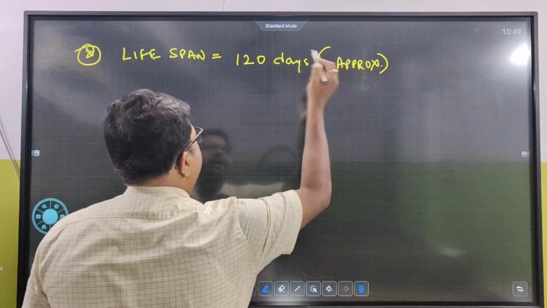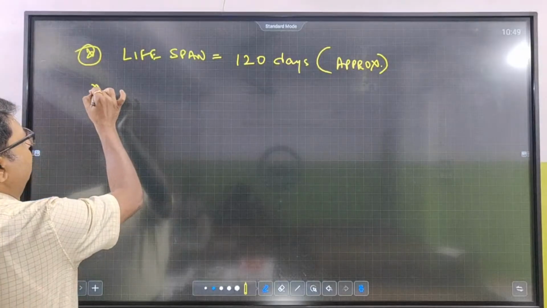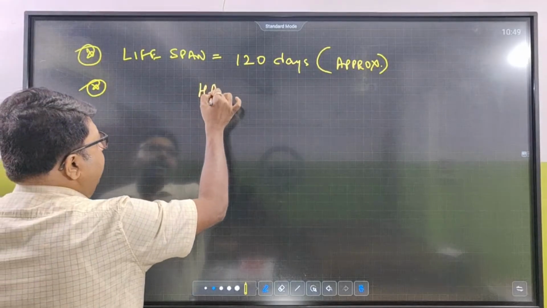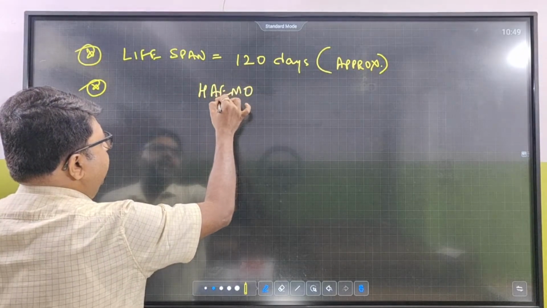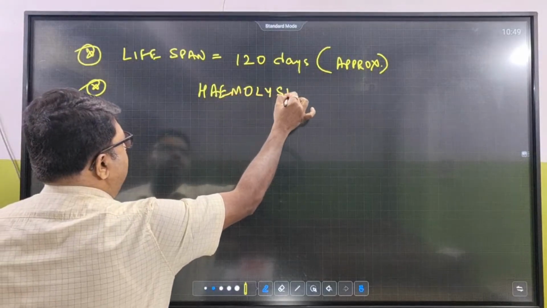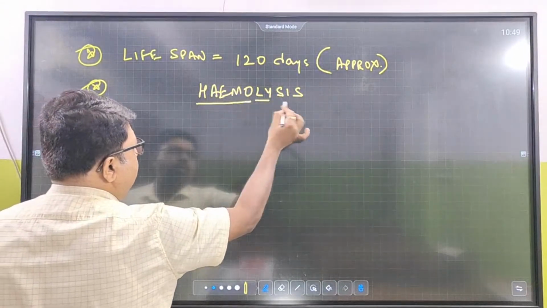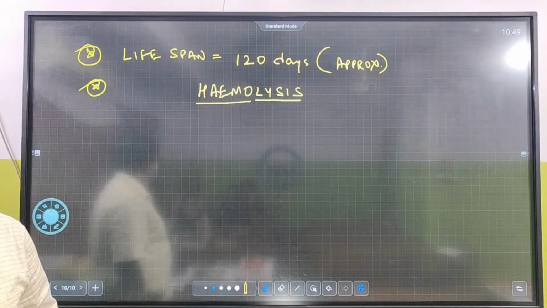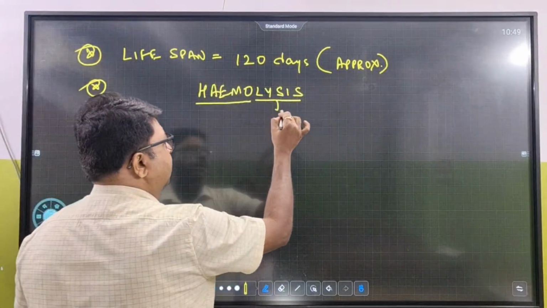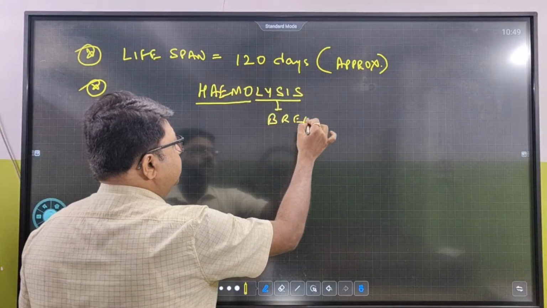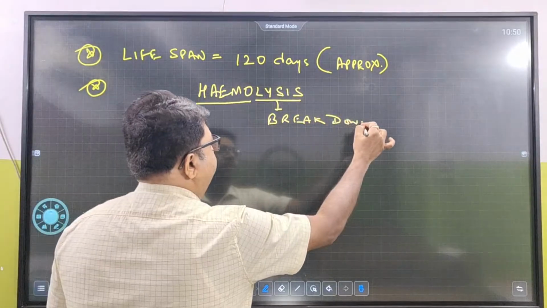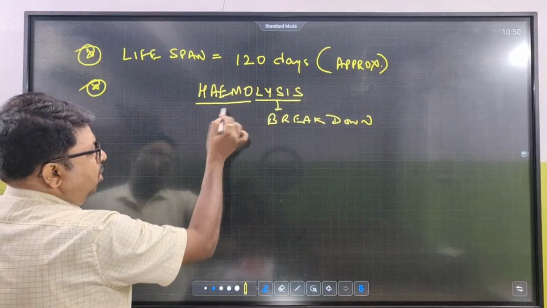And what happens after that? A stage occurs which is called hemolysis. Lysis means breakdown. So the breakdown of RBC, hemo meaning RBC, is called hemolysis.